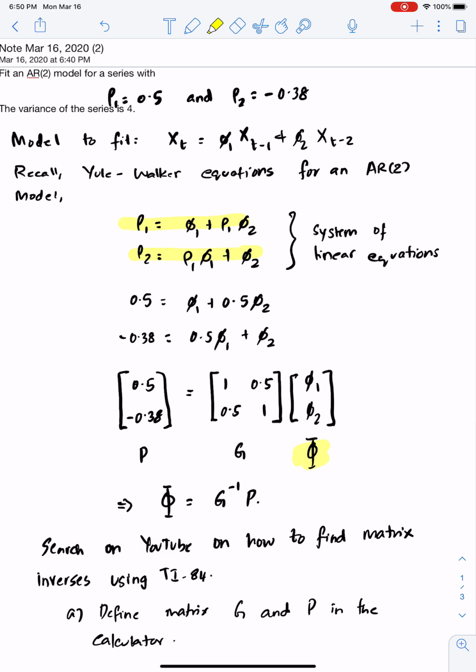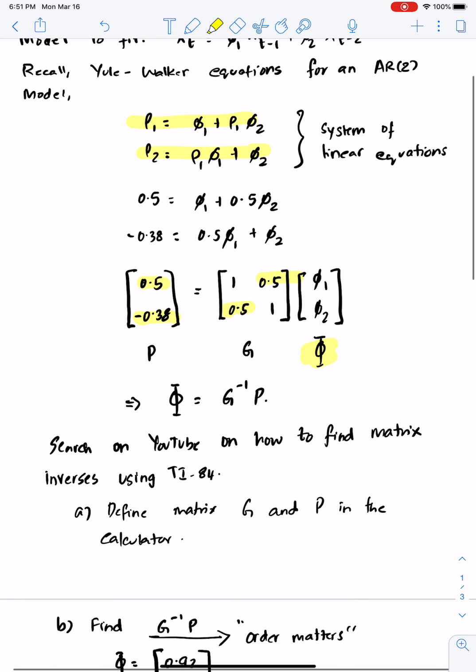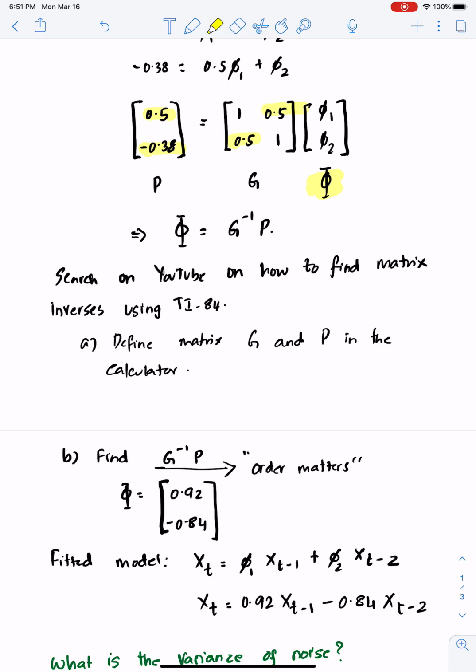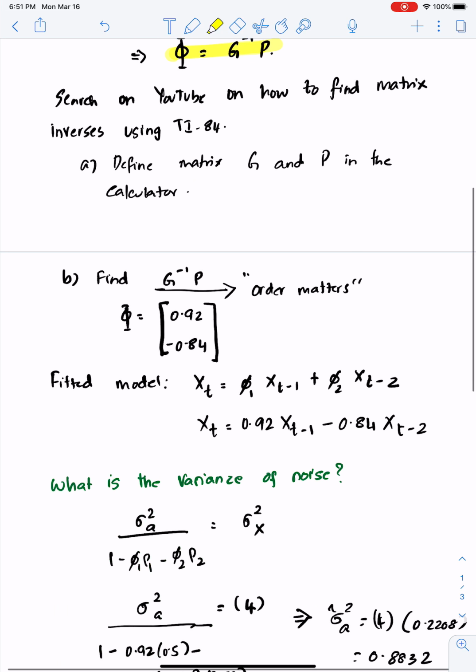We rewrote the equations using matrices, and we plugged in the values rho 1 and rho 2 in the appropriate places in the matrix P, which is a column vector, and in the matrix G. We made use of a calculator to execute that product, G inverse times P, and you would find the value of phi to be 0.92 and negative 0.84.